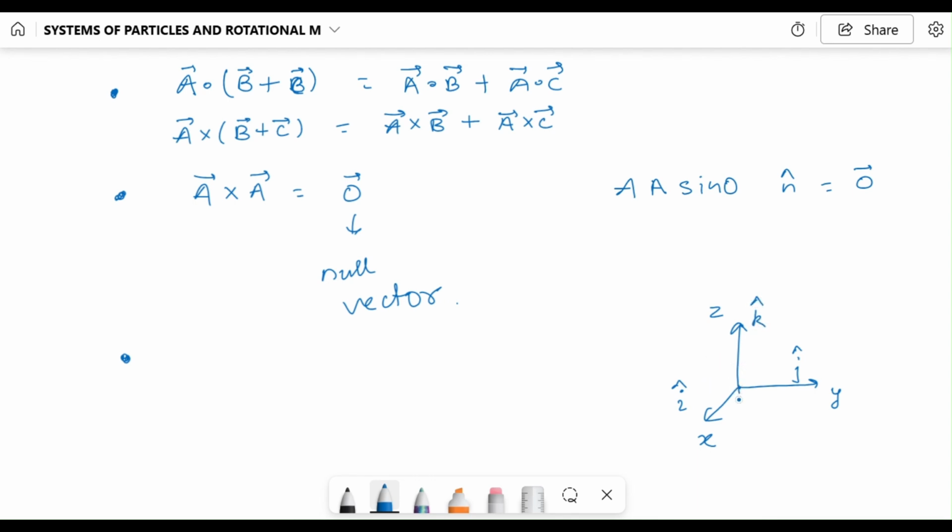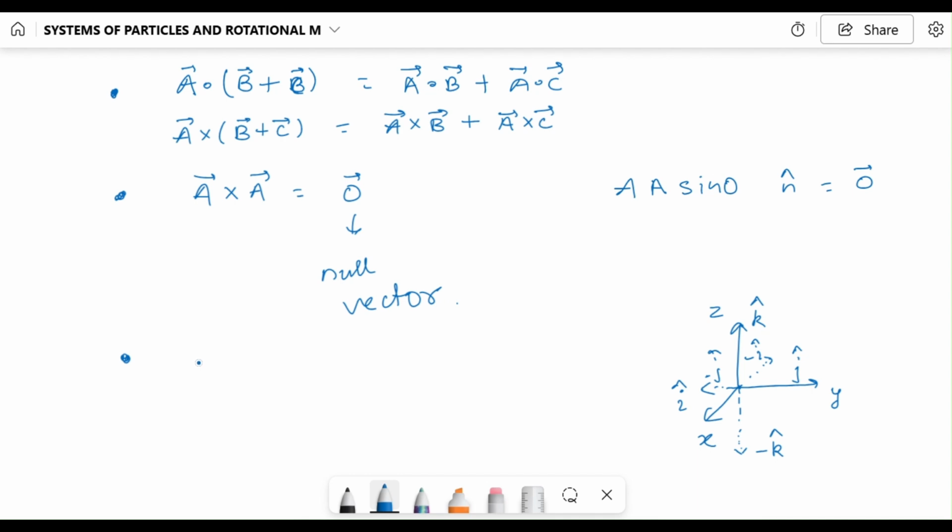And of course there are other three. Along negative z it is minus k cap, along negative y it is minus j cap, and along negative x it is minus i cap. So we are going to do cross product of these unit vectors in different ways.